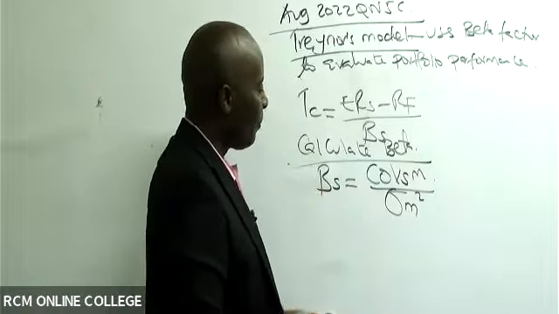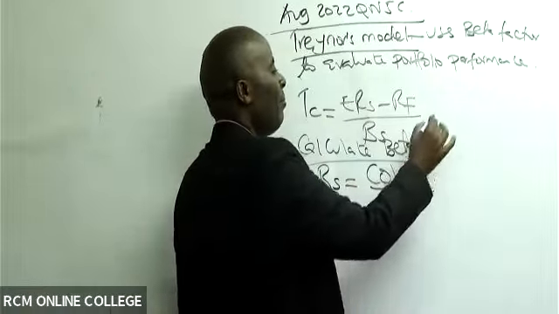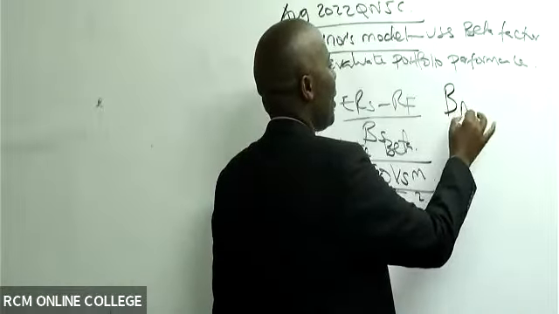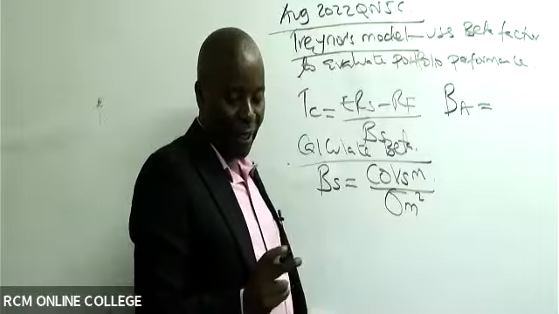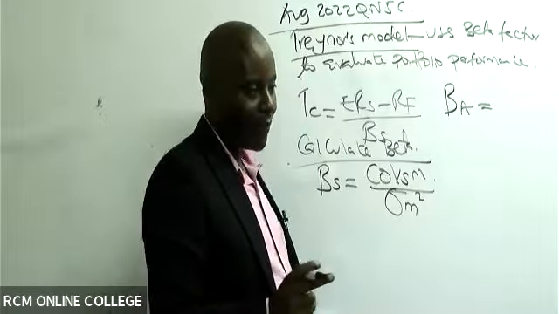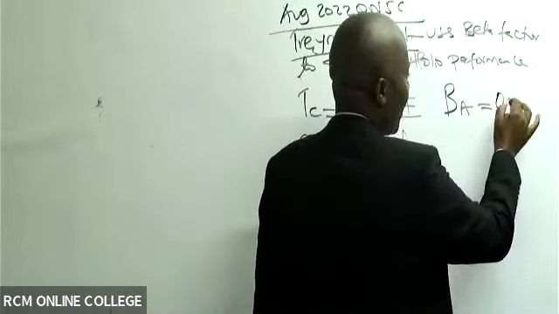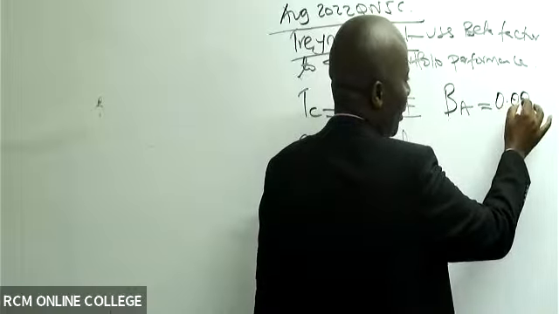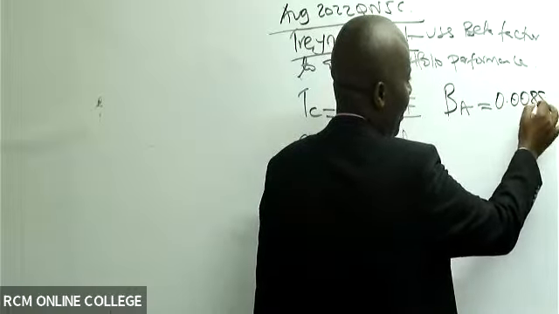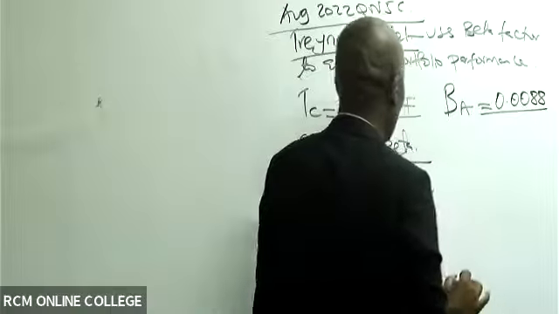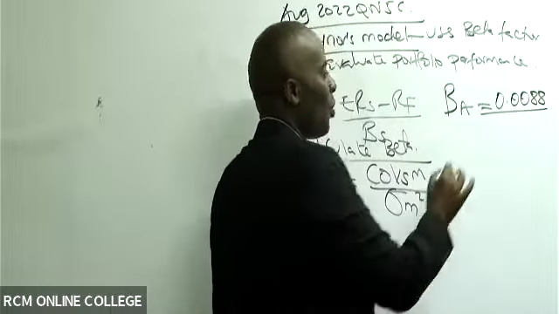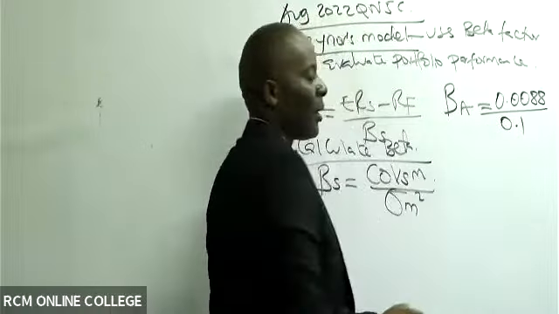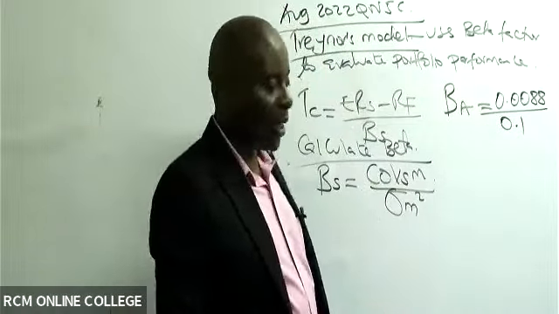So then have they given me for A, are you able to see the covariance between A and M? What is that covariance? 0.0088 divided by, are you able to see the standard deviation of the market? Yes, 10, so 0.1 squared.